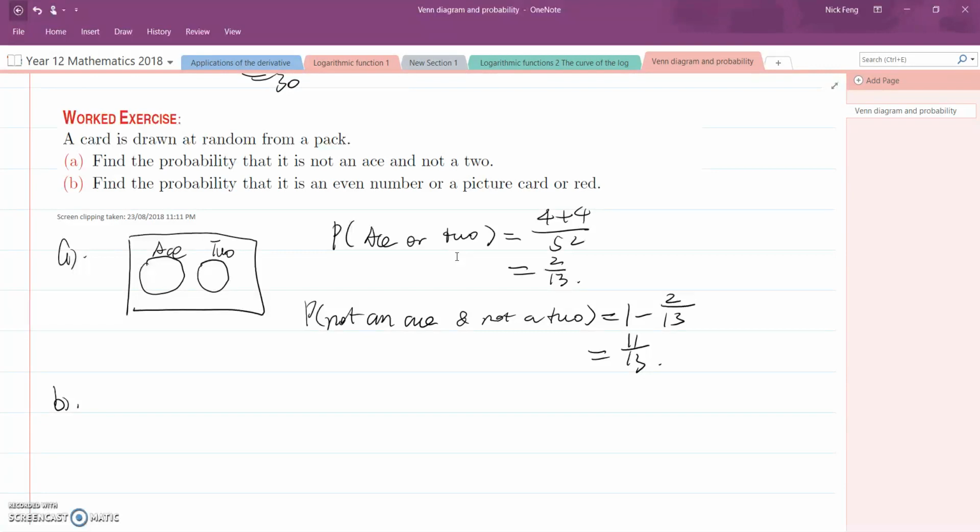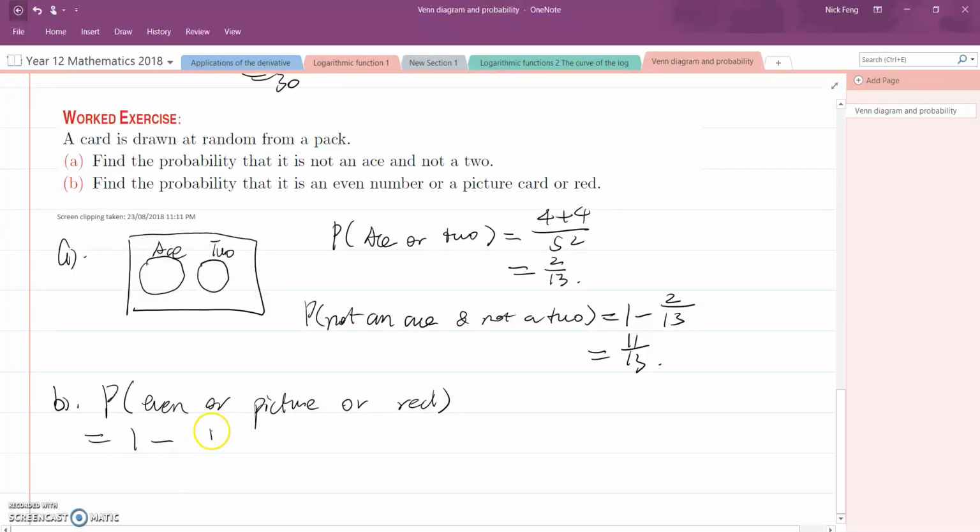So in other words, the probability of that is even or picture or red, that should equal 1 minus the probability of, what is that?